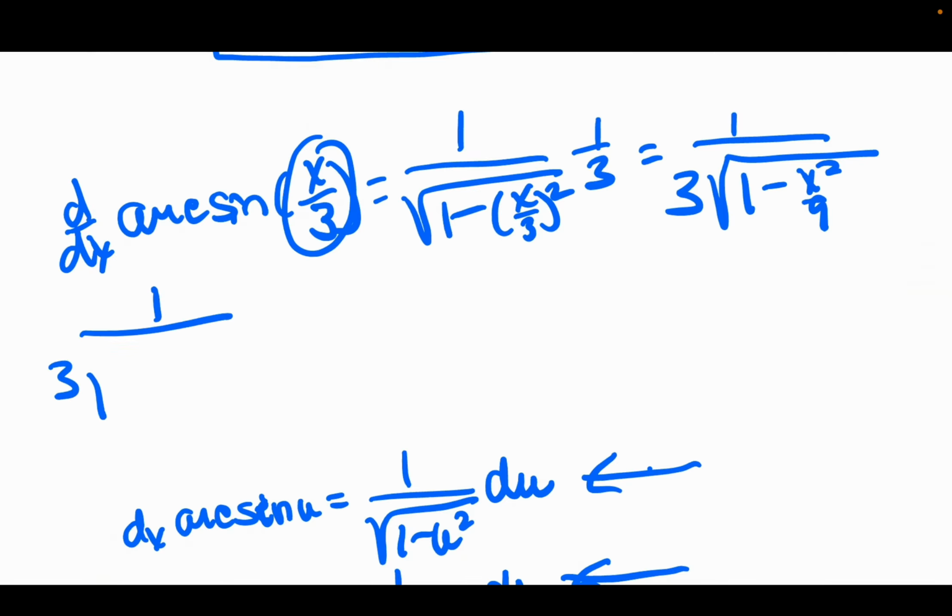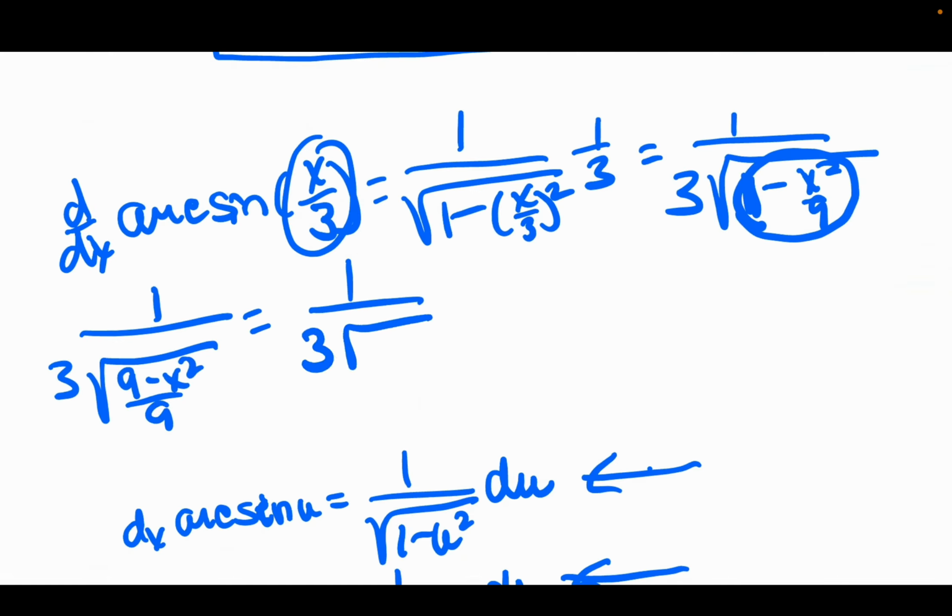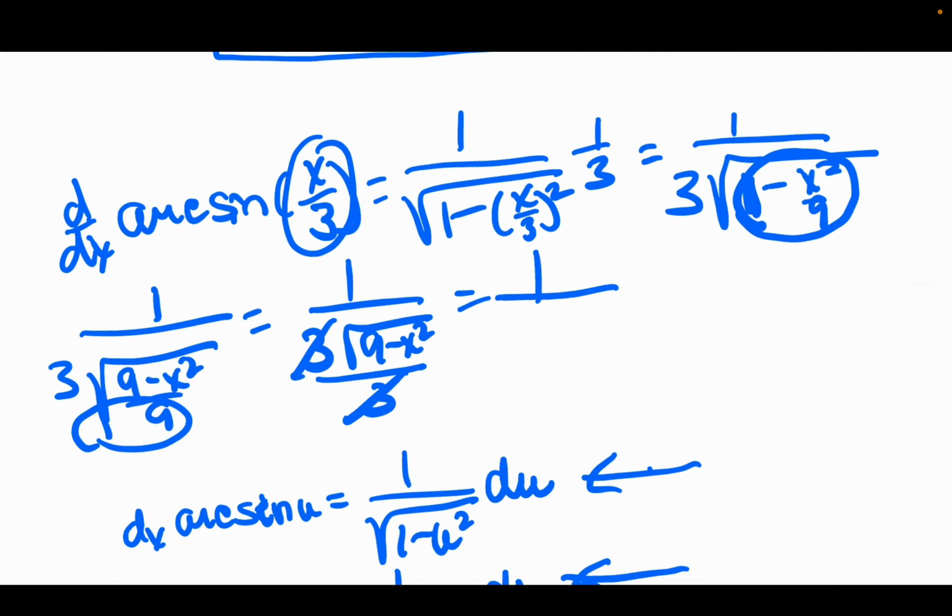Like I talked about with some of you last week, you don't want to leave a fraction inside of a fraction, an improper fraction. So I'm getting a common denominator right there. That's 9 minus x squared over 9. So I get the square root of 9 minus x squared over, and the square root of this 9 is 3. So the answer is 1 over the square root of 9 minus x squared.